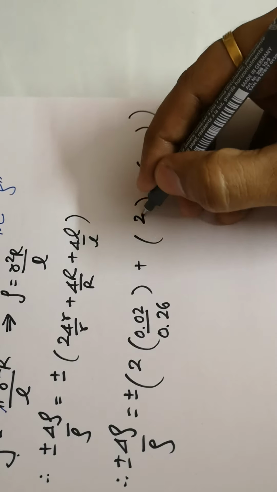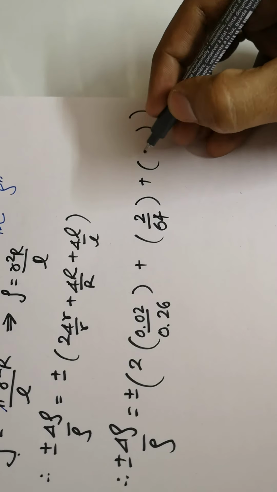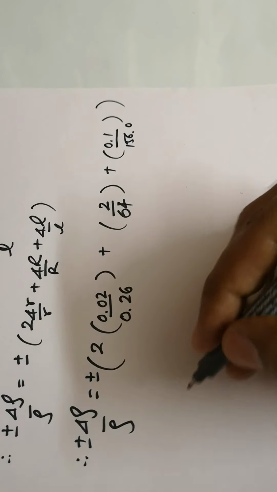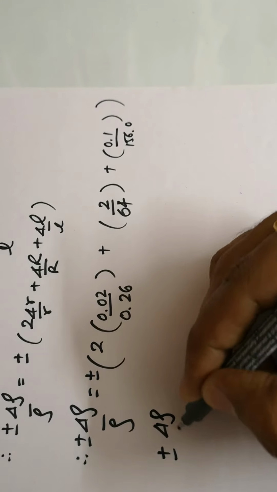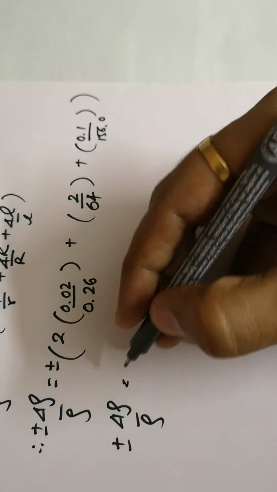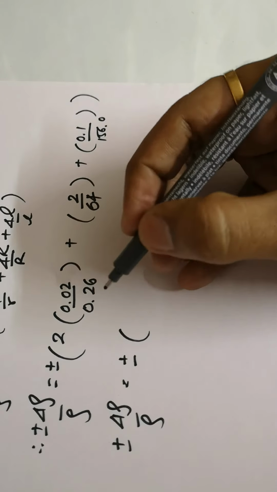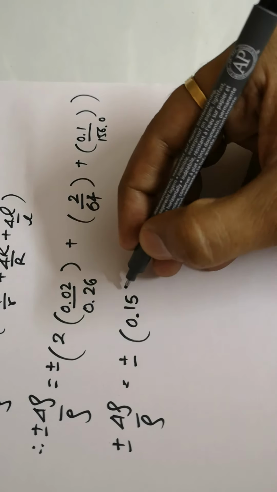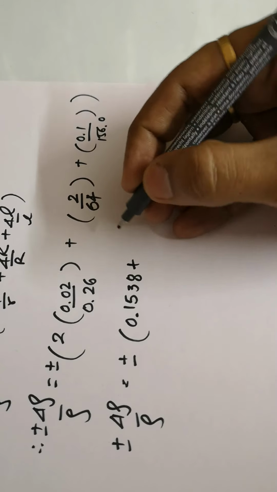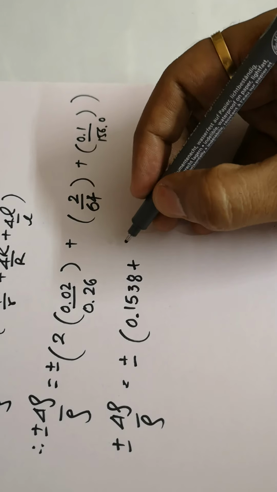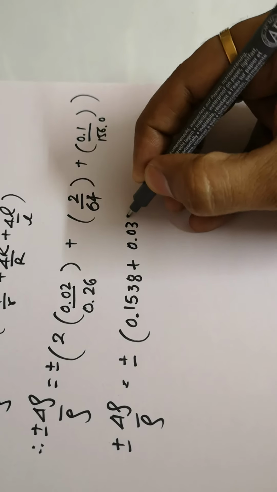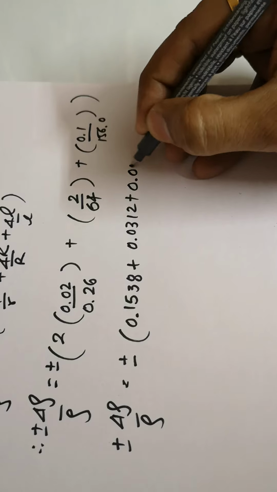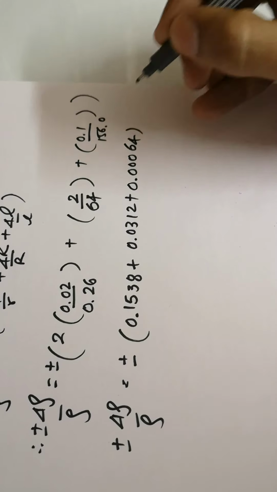As you are now familiar with the different types of errors, I have placed the data in front of you, and that is 156.0. So delta rho by rho is equal to plus or minus: this data will be 0.04 divided by 0.26, which will give me 0.1538. 2 divided by 16 is 1 upon 32, which may give me 0.0312, and the last term is 0.000 and 64.